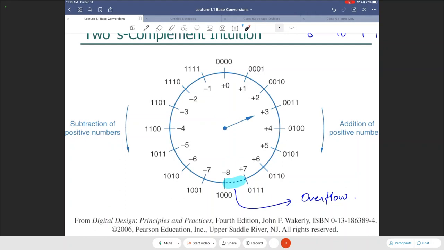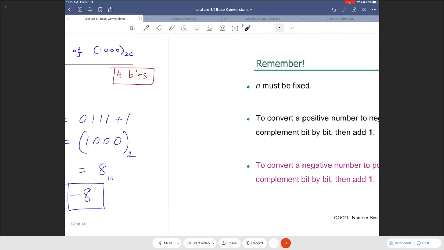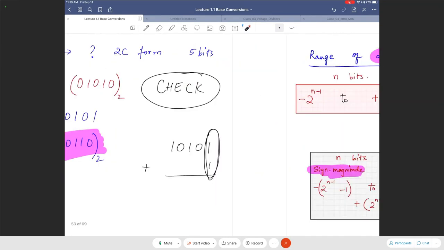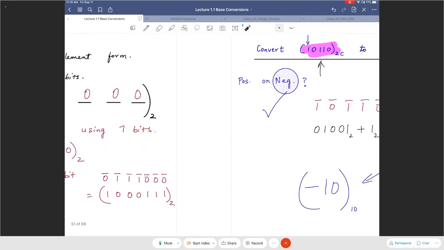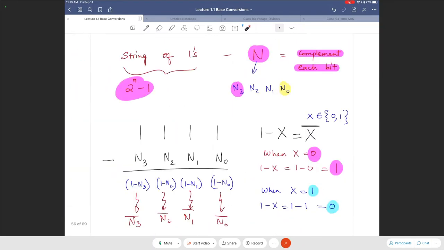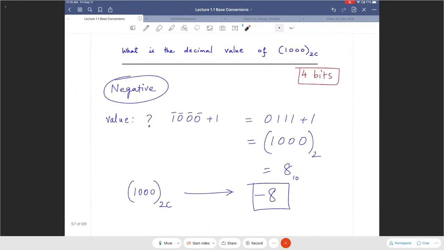Can you go over 1000 is -8? Hold up, guys. I also need to be a little bit careful about my time. Right, so let's see, where did we do negative? Right here. So 1000, the first bit is 1, so a negative number.